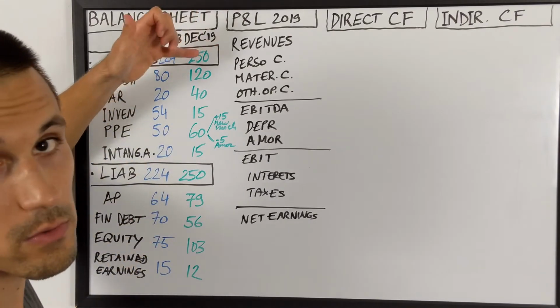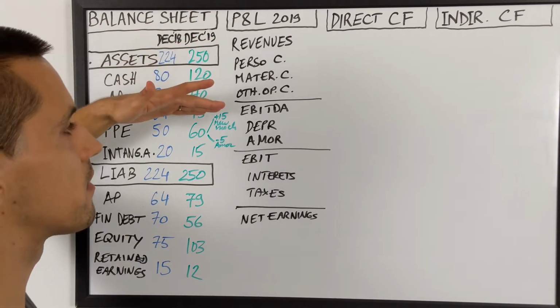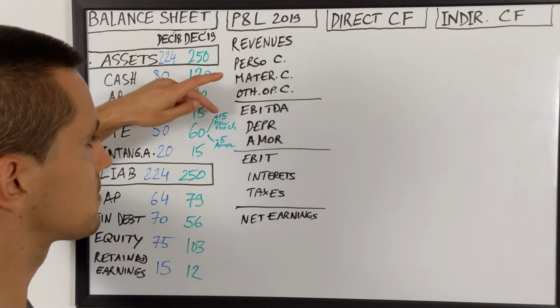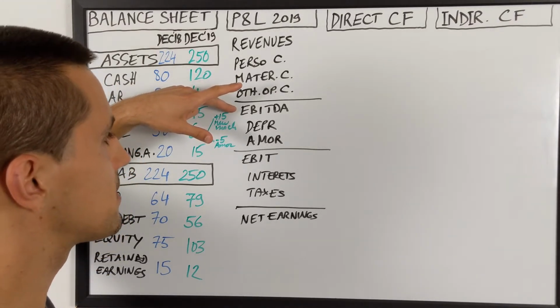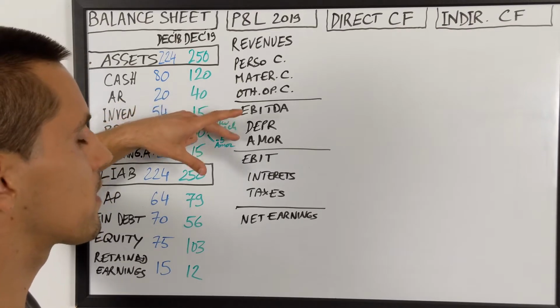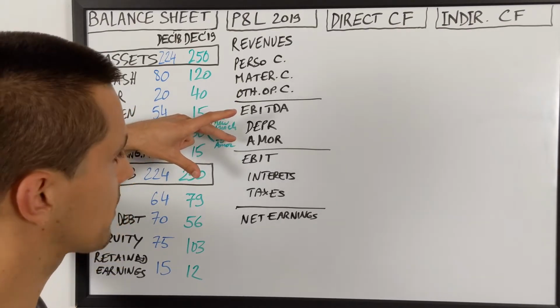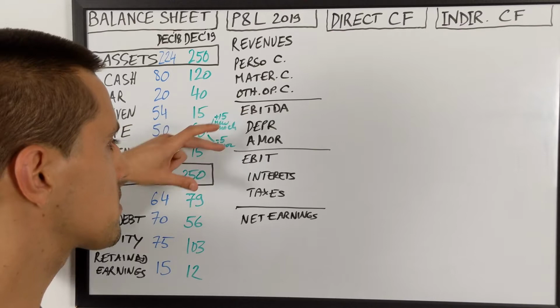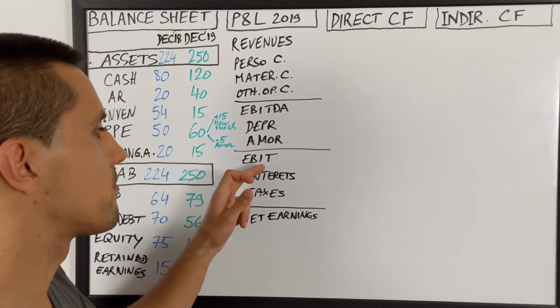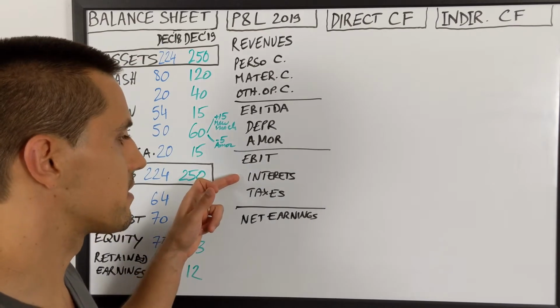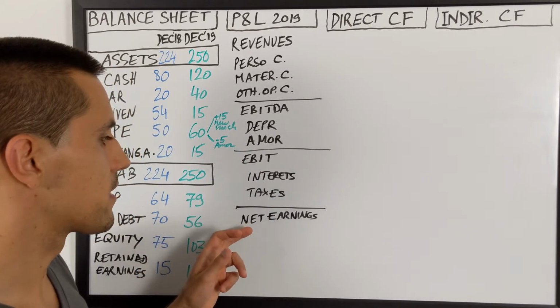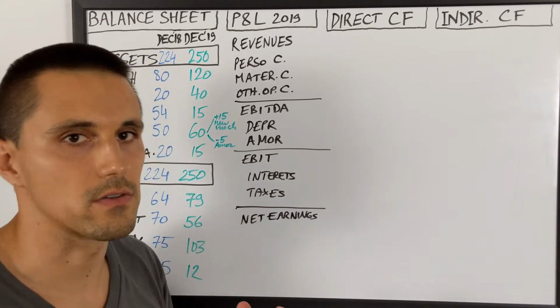We are starting with revenues, then we retrieve the operating costs, leading to an operating profit, also called EBITDA. Then we get rid of the loss of value, which is depreciation and amortization, leading to earnings before interest and taxes. Then we retrieve interests and taxes, which leads to our net earnings.